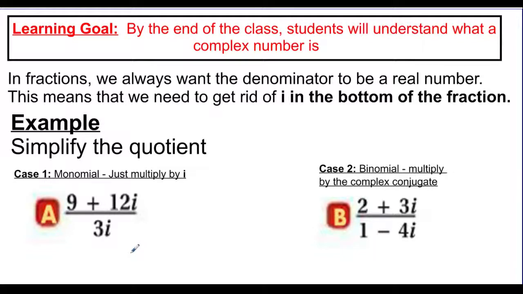Okay, so we're going to look at two different problems where we need to get i out of the bottom. And if you remember back to radicals, when we had problems that had, for example, the square root of 2 in the bottom of the fraction, say I had a problem that looked like this. We also can't have radicals in the bottom of the fraction because they are not nice whole numbers. We like there to be nice integer values in the bottom of the fraction.